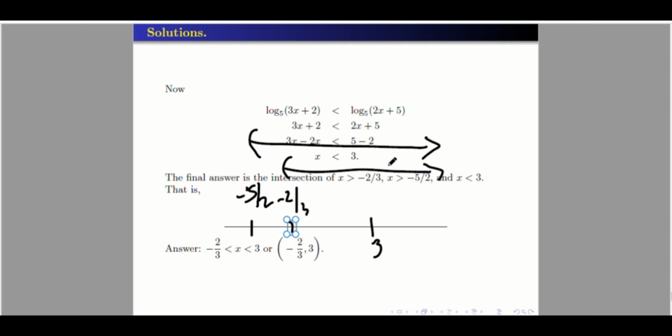And then the last one is less than, so parenthesis to the left. So take note, their intersection is this part. It's from negative 2/3 to 3. Okay, so x is greater than negative 2/3 but less than 3, or in interval form, we have this interval, parenthesis, negative 2/3, comma, 3, parenthesis.